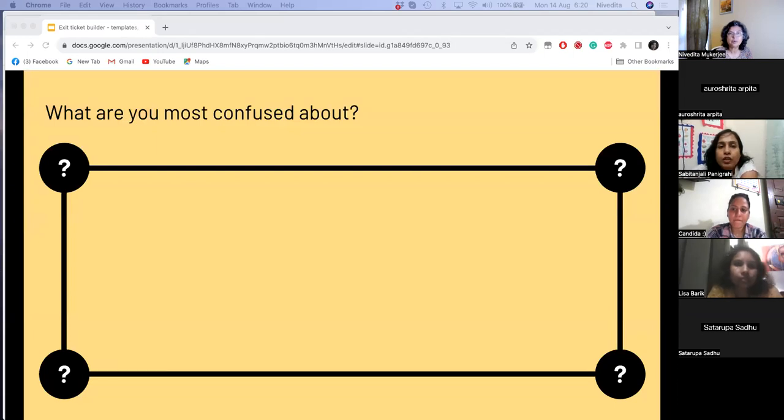Ma'am, we can do it in the notebook they are writing in, and paste it in the chapter. Yeah, they can do that. You can give out color sheets, and they know that every time a color sheet comes out, it is exit ticket time. You can make it a ritual.